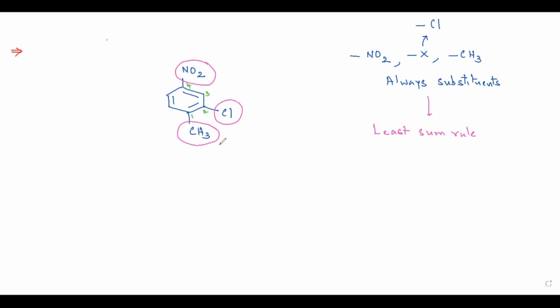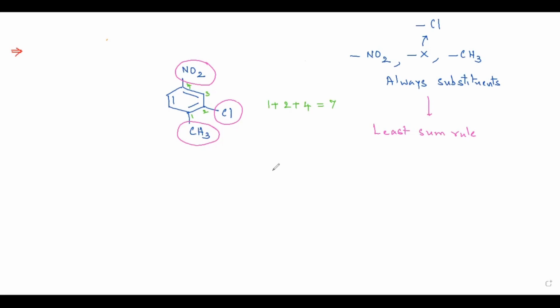Only when you consider this way, the sum will be 1 plus 2 plus 4. The other way, if we start from this end, it will be 1 plus 3 plus 4. So we don't go for that. We just go with this, which gives a total of 1 plus 2 plus 4, that is 7. So this numbering is proper.